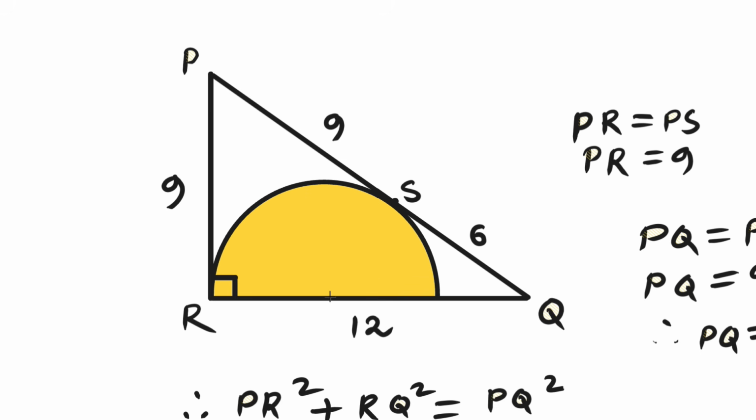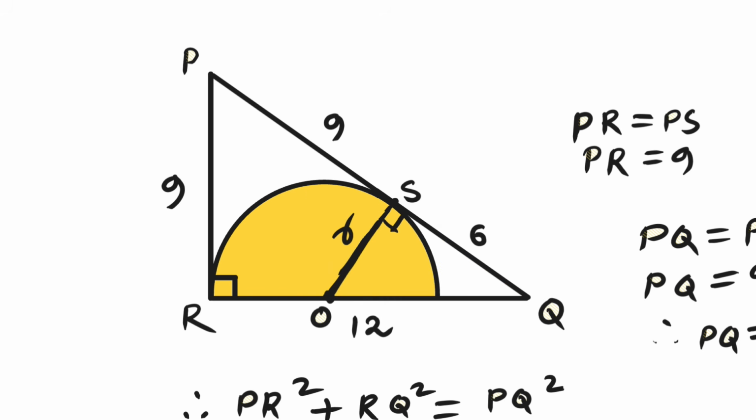Let's call the center of the semicircle O, and let its radius be R. Draw the radius from O to the point of tangency S. There is an important circle property we can use here. A radius drawn to a point where a line touches a circle is perpendicular to that line. Therefore, OS is perpendicular to PQ, which means angle OSQ is a right angle.